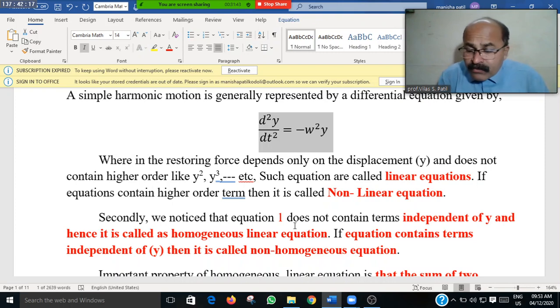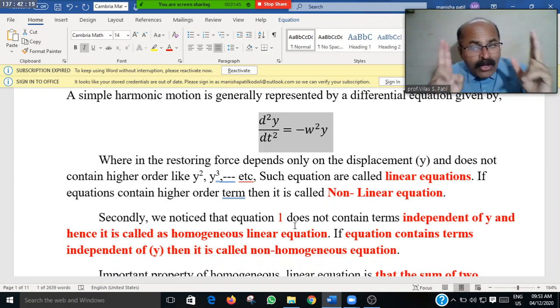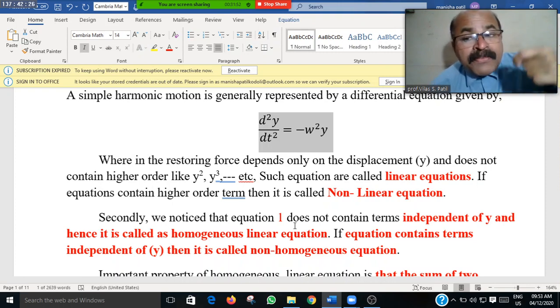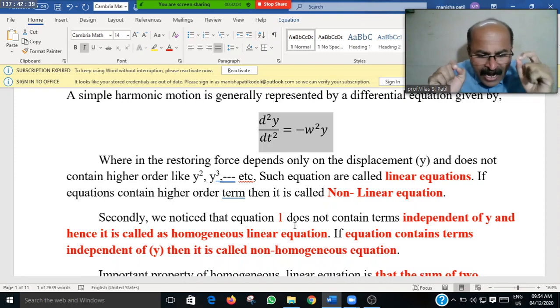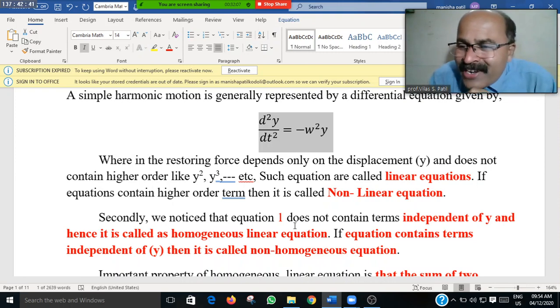It means that on both sides of the equation, the terms contain y. The quantities showing on the LHS and RHS contain y terms, and hence it is known as homogeneous. Why is it homogeneous?